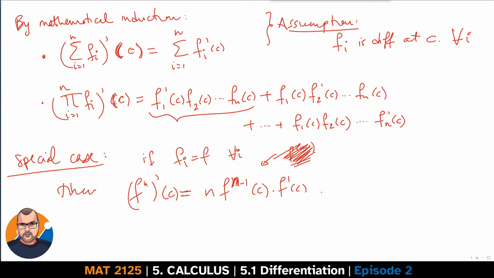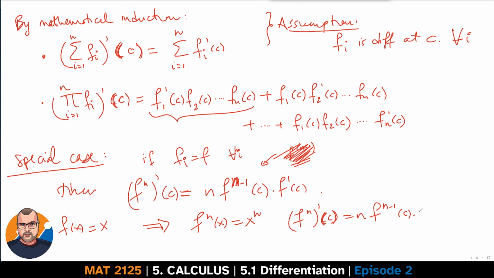If the function f is just the identity function, then what this is telling us is that the nth power of x would be x to the n, and that the derivative of the nth power at c would simply be n times the n minus 1th power times the derivative at c.